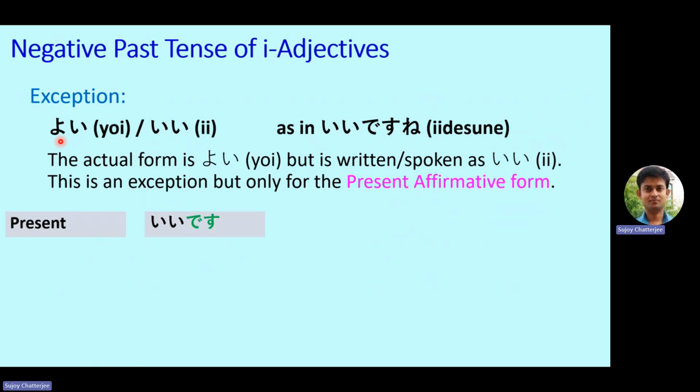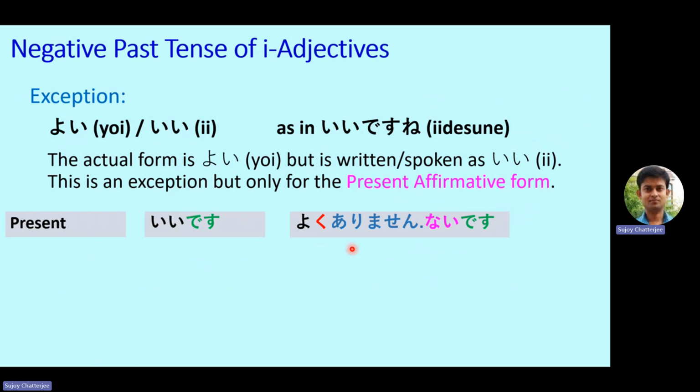So let's see. The present form is ii desu. The negative present form is yoku arimasen or yokunai or yokunai desu, just like any other i-adjective's negative form. So there is no exception in this. The exception is only in the present affirmative form. In the present negative form, there is no exception.